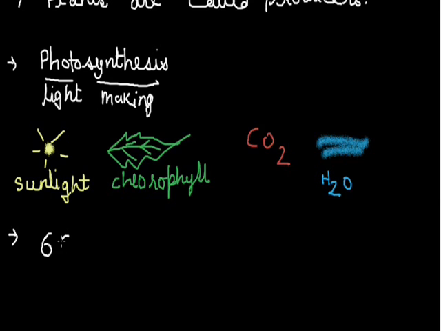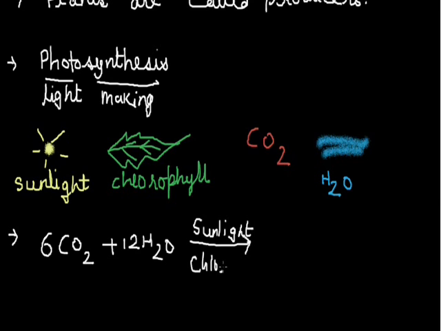If we want to write it in the form of an equation, we can write it like this: 6 molecules of CO2 plus 12 molecules of H2O in the presence of sunlight and chlorophyll, of course, form C6H12O6, that is simple glucose, plus 6O2, which is liberated, plus 6H2O.